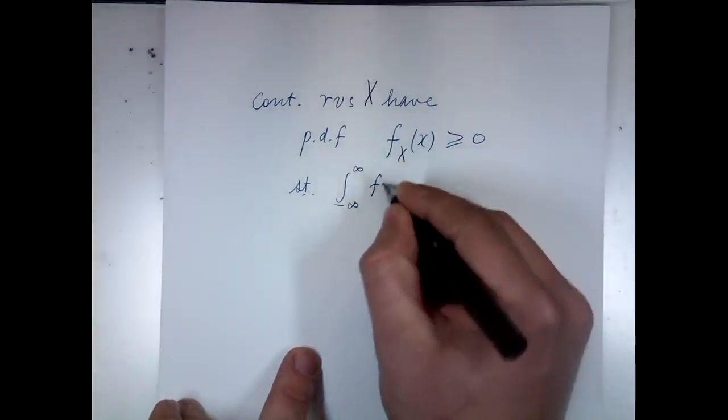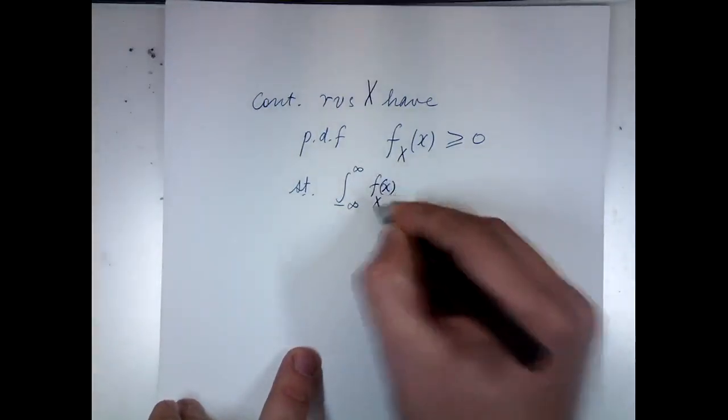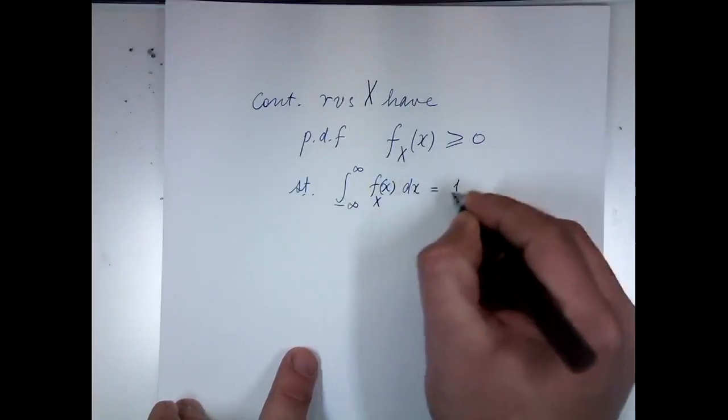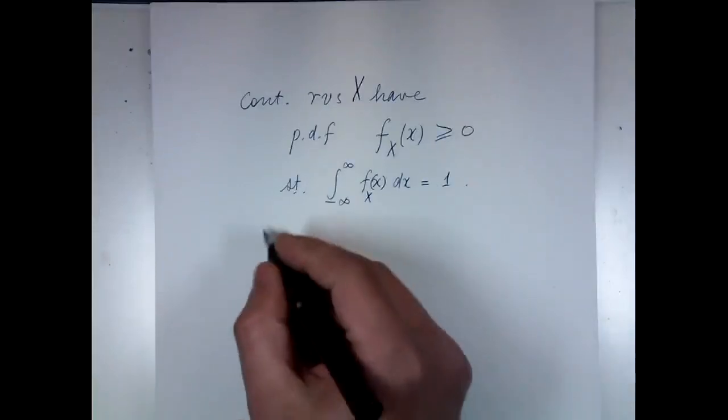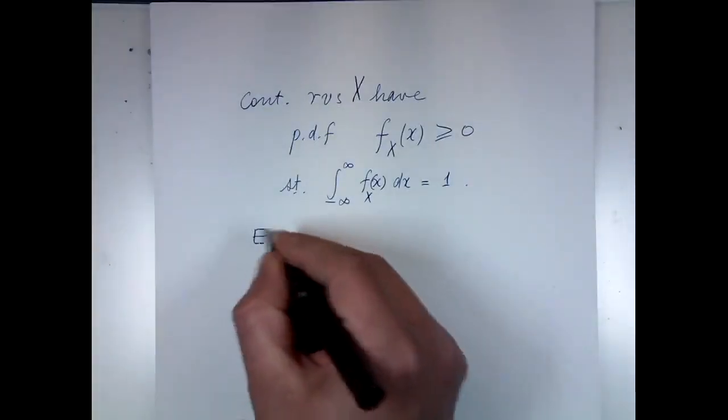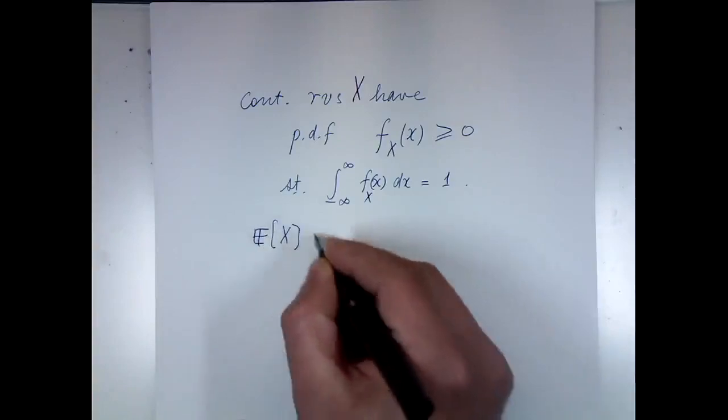The integral of f_X(x) dx equals 1, because that is, of course, the probability of lying anywhere on the real line. And if I want the expected value, what do I integrate?